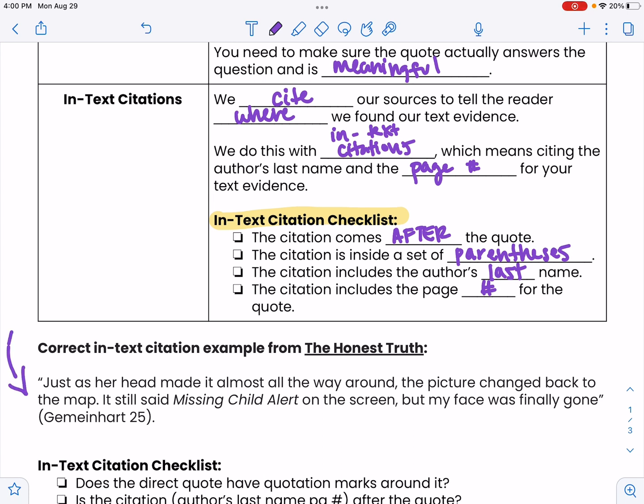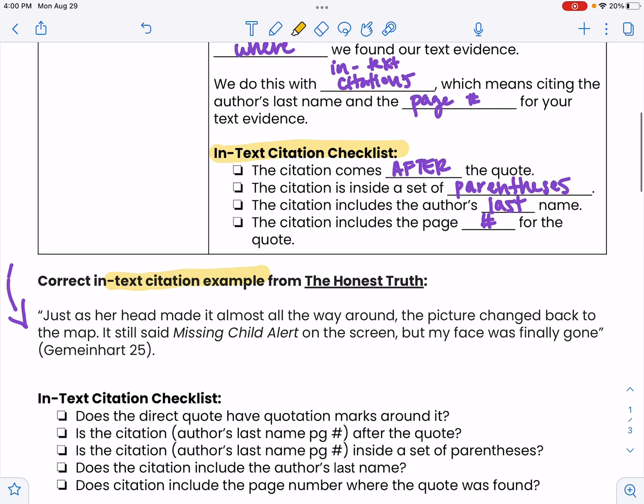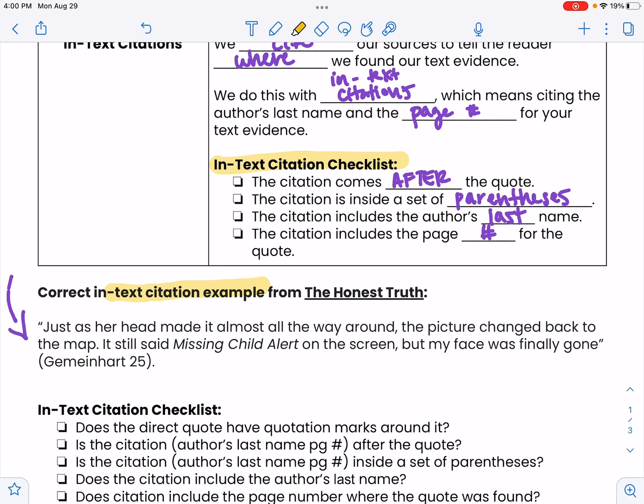This is an in-text citation example from the book The Honest Truth. Just as her head made it almost all the way around, the picture changed back to the map. It still said missing child alert on the screen, but my face was finally gone. So what you see here is the quotation marks.